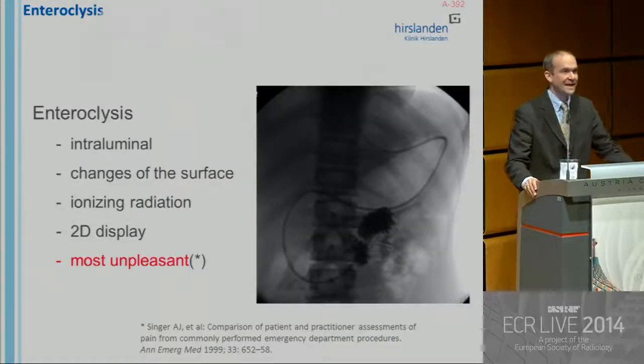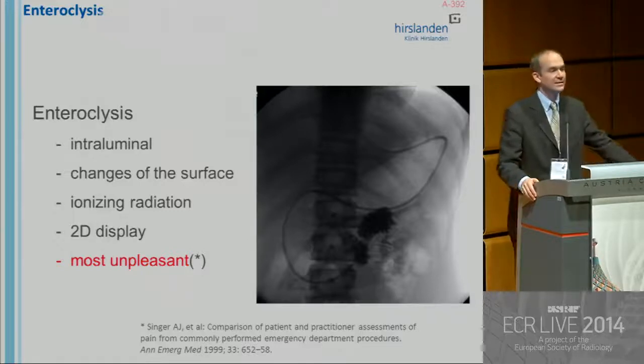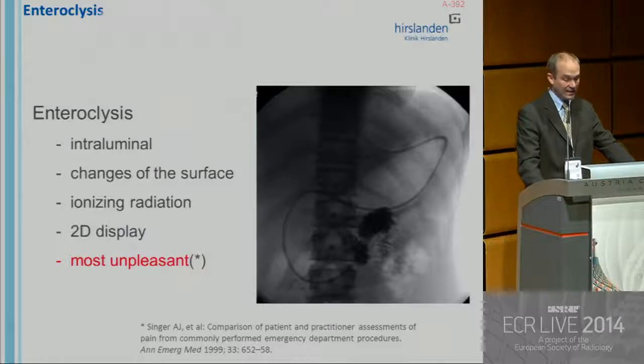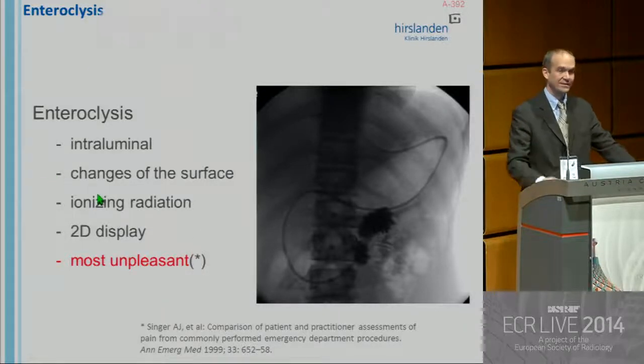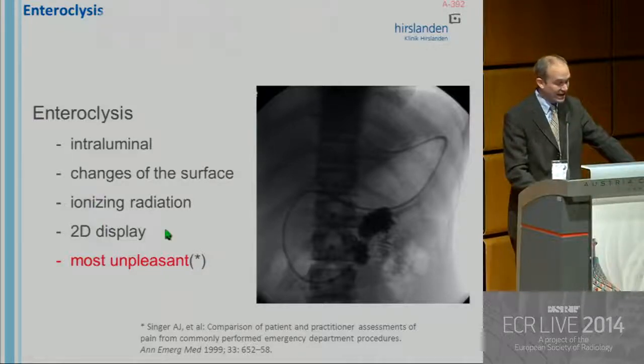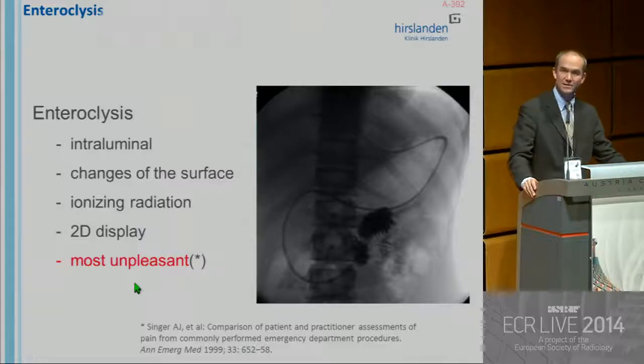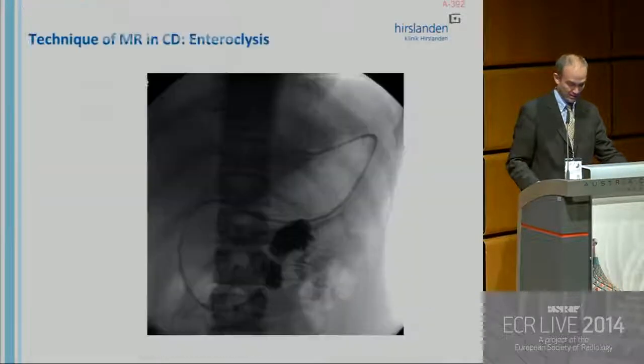Now, there's the classical technique, enteroclysis, where you use a tube, you put it into the small bowel, ideally into the proximal jejunum, and give contrast there. But again, you use ionizing radiation. If you only do enteroclysis, it's a 2D display, and it's very unpleasant for the patients to have that obtained.